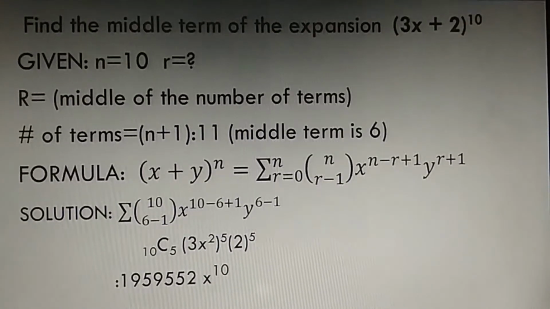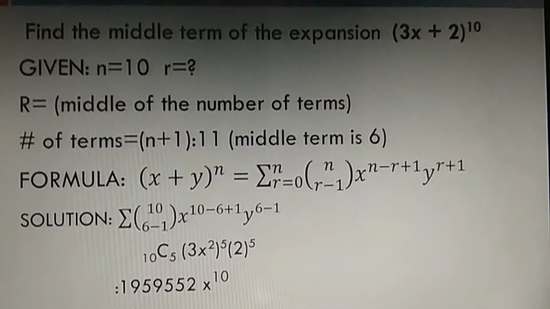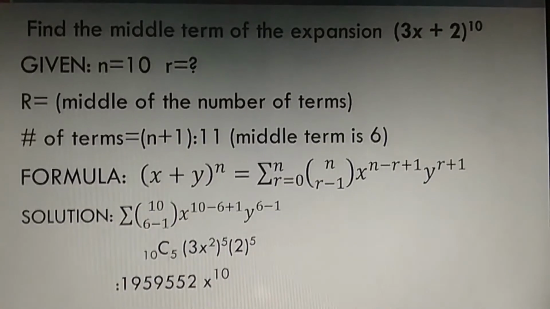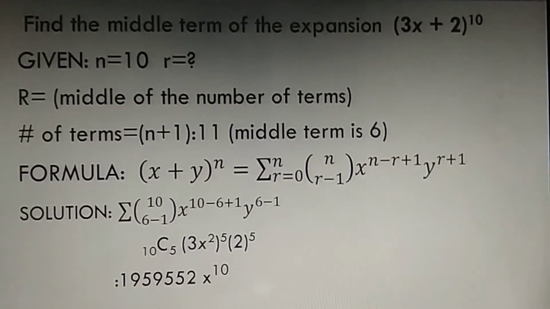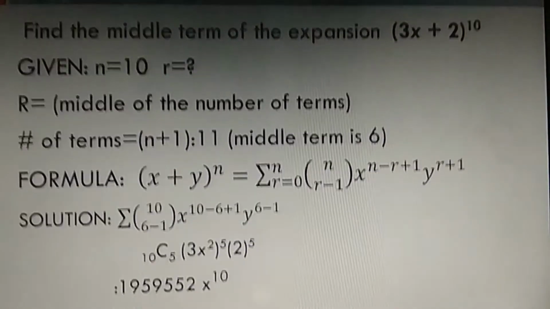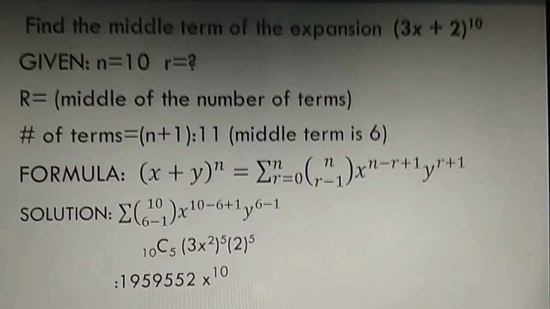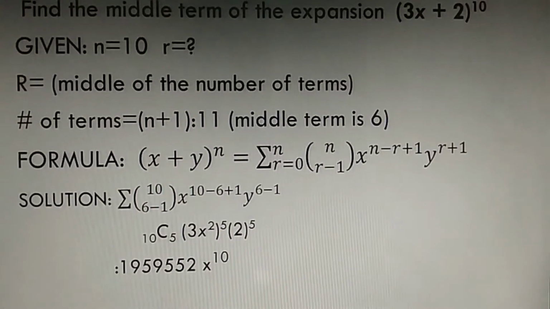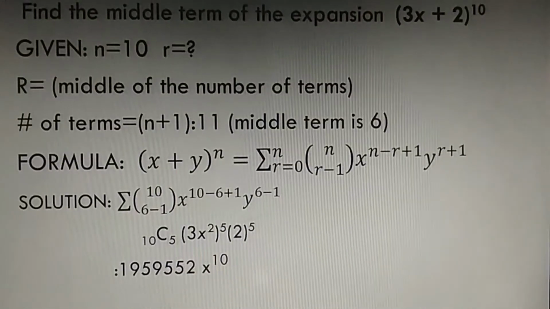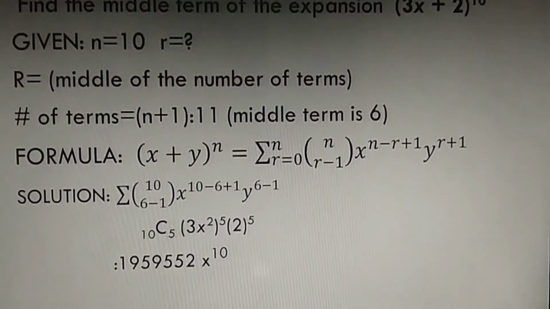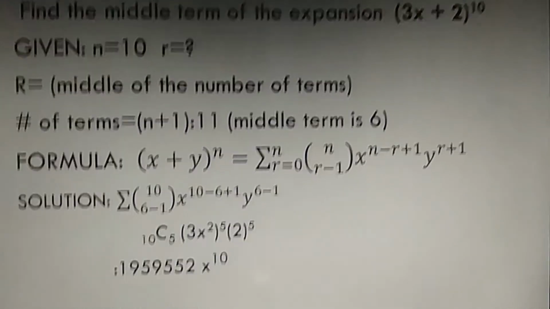Its middle term is the 6th, because the number of terms is odd. If we are given an even number of terms, there are actually two middle terms, but in this case, we're only going to use one. We use the same formula, and applying the given to the solution, our answer is 1,959,552x raised to 10.